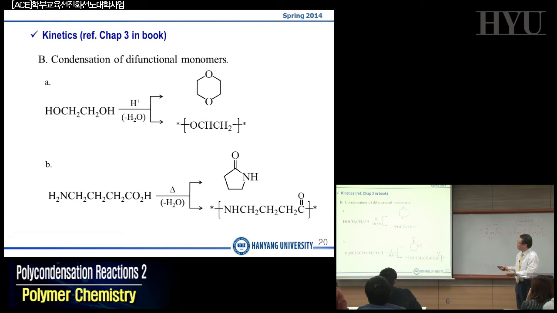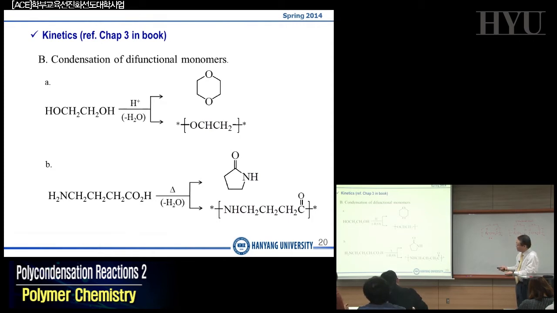If this happens, then you do not obtain the polymer, but you have just the monomer systems. If this happens, this is regarded as a side reaction from the polymerization point of view.